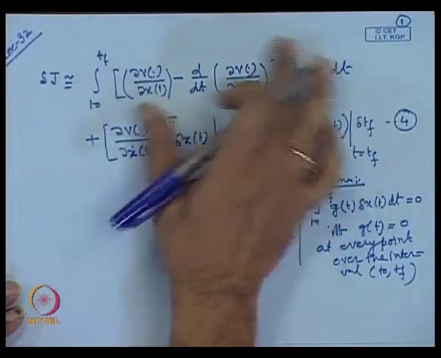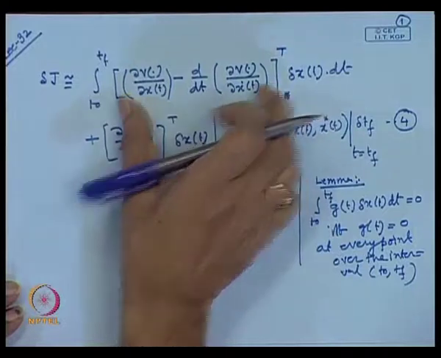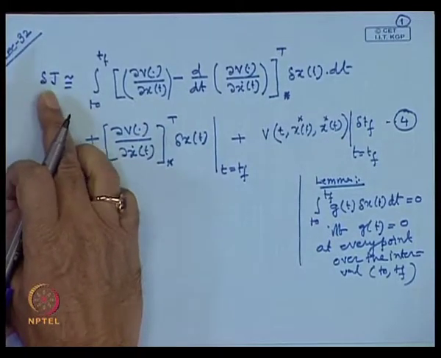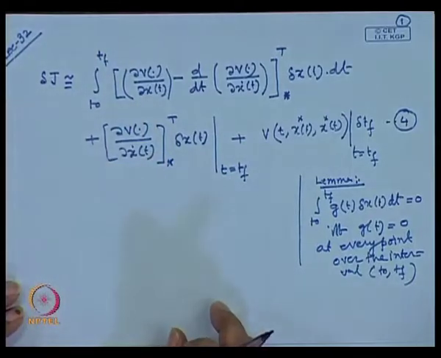This part will be 0 provided this is 0, because the necessary condition for the function to be optimized is that delta J must be equal to 0. The first variation of the functional must be 0; this is the necessary condition.